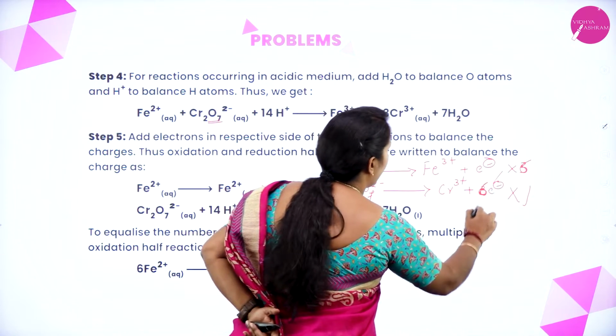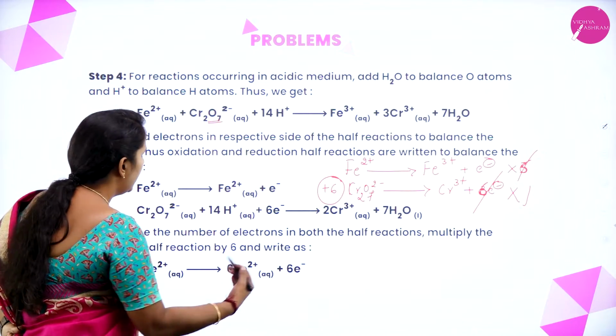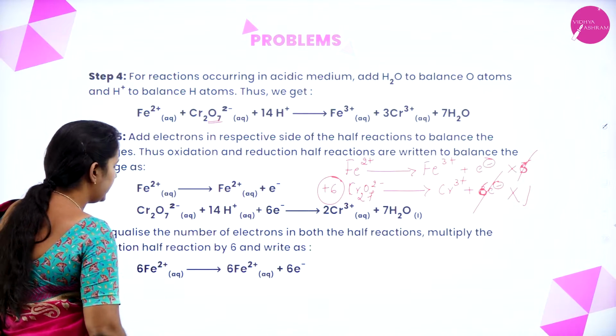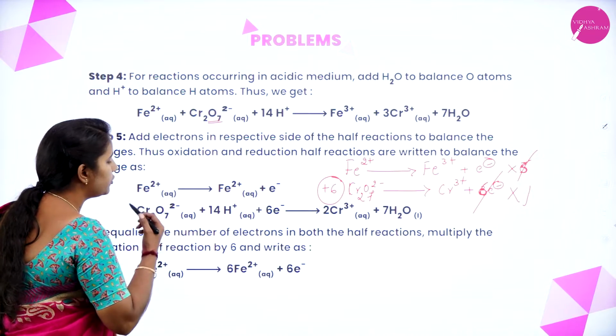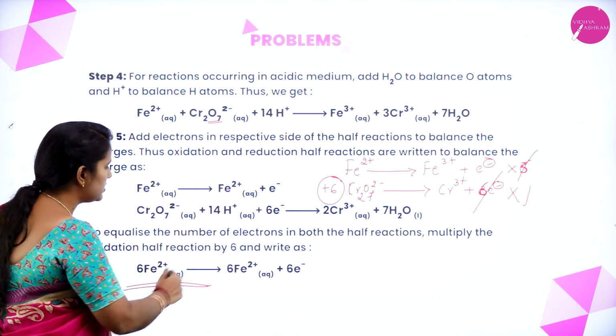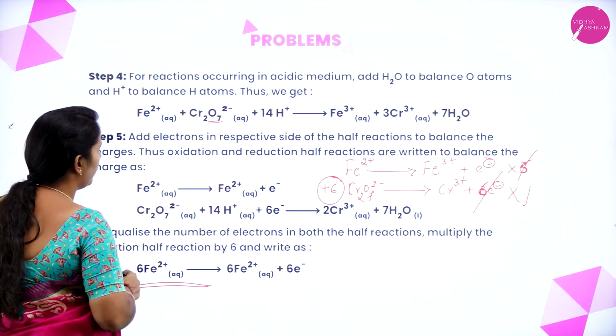And here the 6 electrons and the 6 electrons cancel. So the final equation can be written as 6Fe2+ gives rise to 6Fe3+ plus 6 electrons. Why have I written this reaction? Because I am multiplying the entire reaction by 6.